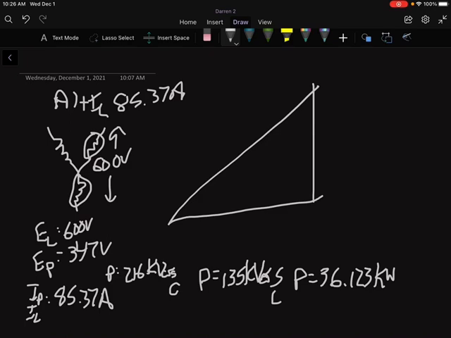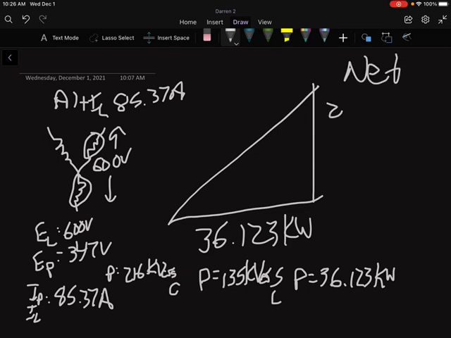And now we're going to do our power triangle. So we know that our true power, 36.123 kilowatts, is going to be on the bottom. And then our net VARs, our net value, is going to be over here, which is 216 kVAR subtract 135 kVAR.